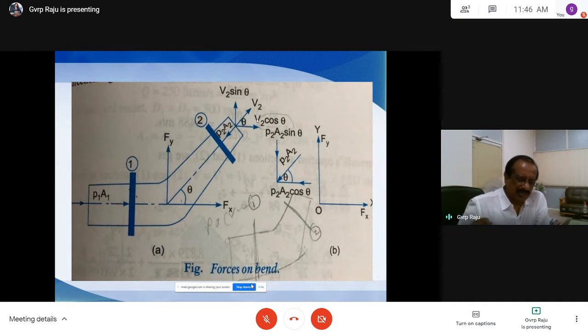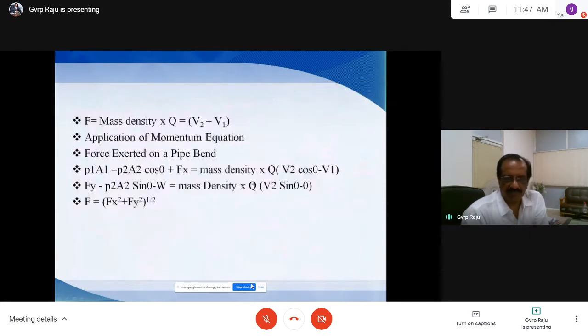So it is rho Q into V2x minus V1x. Mass density is a standard value, and you can also find out the discharge Q, the quantity of water flowing through the pipe per second. Then rho Q into V2 cos theta minus V1.